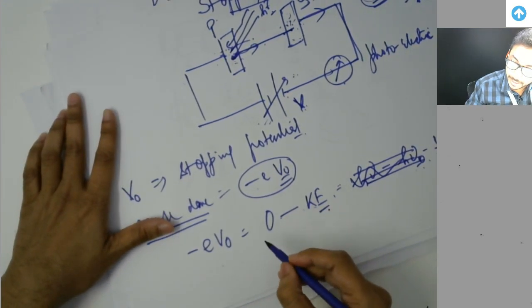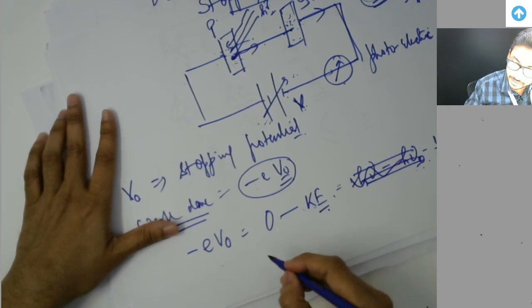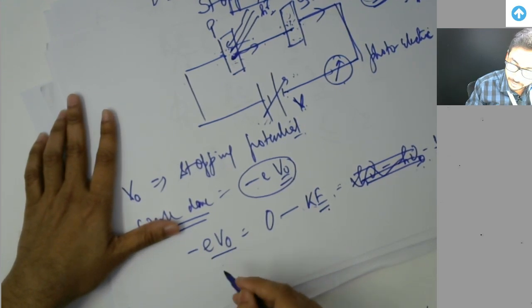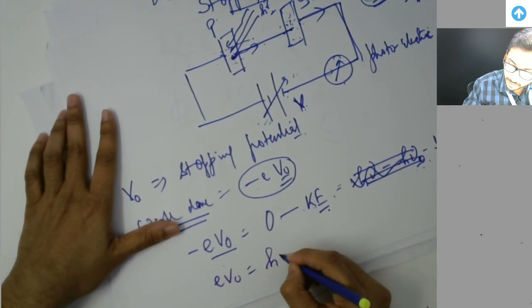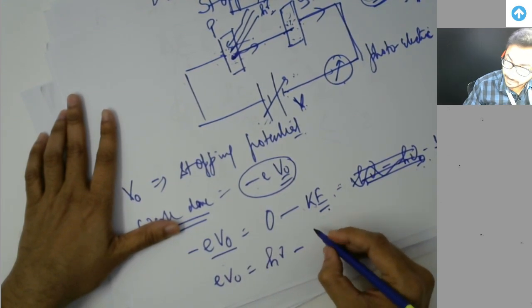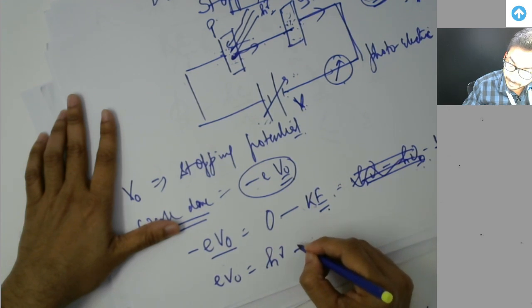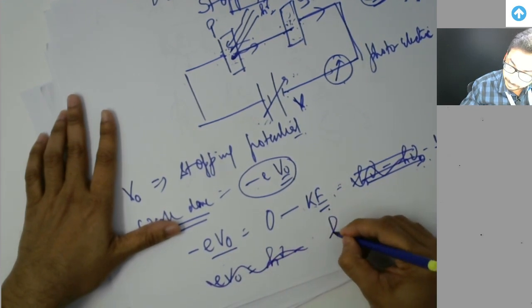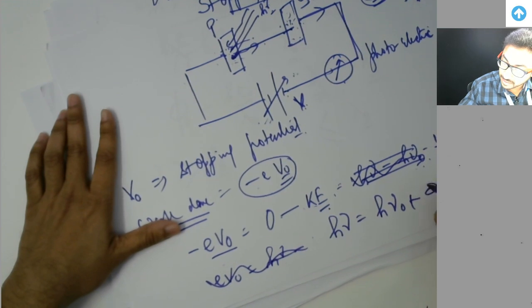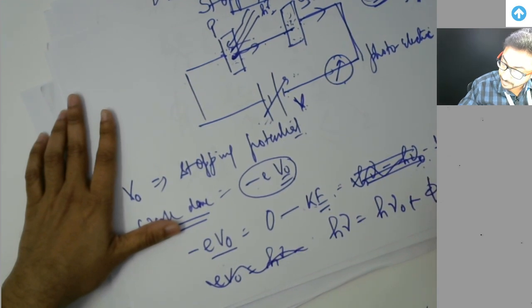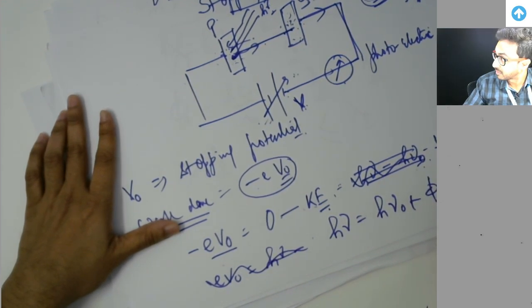So I can write, instead of maximum kinetic energy, we can place it as eV0. eV0 equals h nu minus h nu equals h nu 0 plus phi 0. Stop.